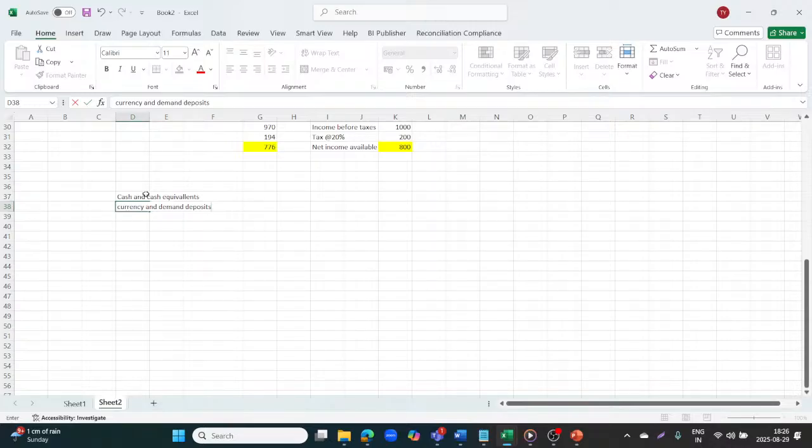Now for cash and cash equivalents examples, we can consider those that are considered, and secondly those that are not considered.